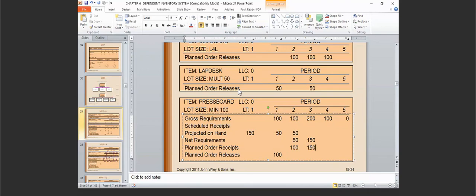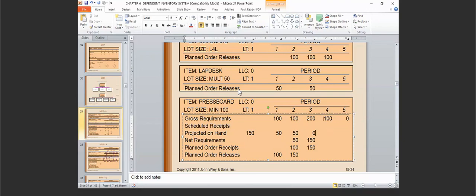So we put 150 here. Then 150 backward 1 period to determine the planned order release. Here we have 150 in period 2. So 150 plus the 50 units of projected on-hand inventory gives a total inventory of 200 units. At the end of period 3, we consume the inventory, so we have 0 inventory here.